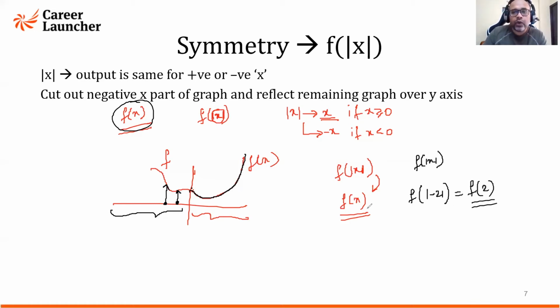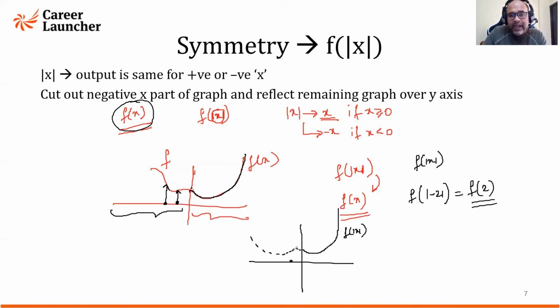Which means, if you want to find the graph of your f of mod x, this is your f of mod x to the right side. This is not a problem. But on the left hand side, you will notice that even at minus 2, while I'm supposed to get a graph like this, which is not symmetrical, it is not symmetrical.